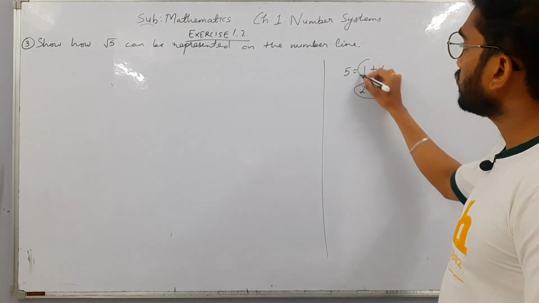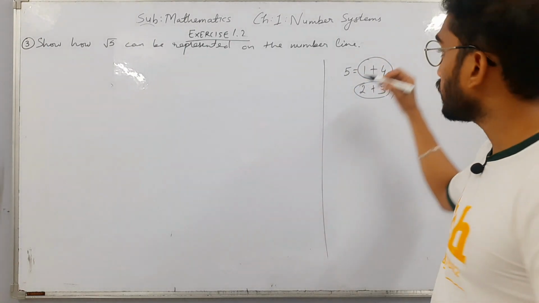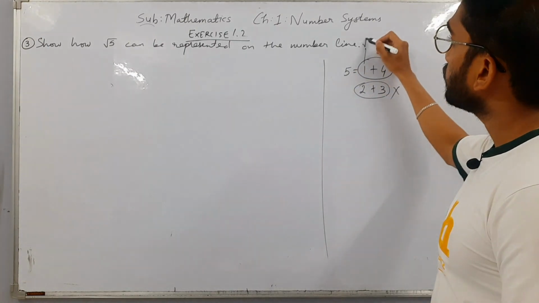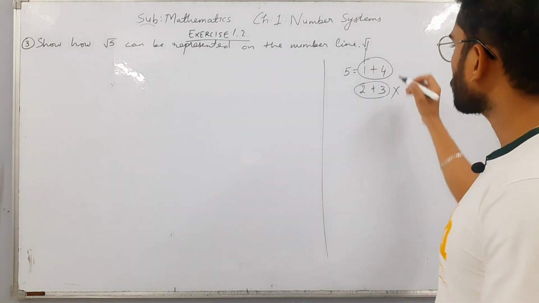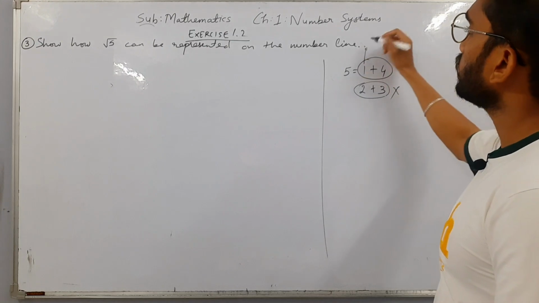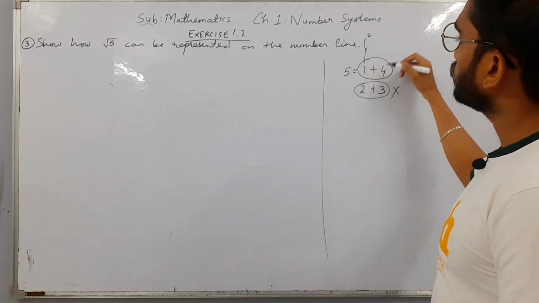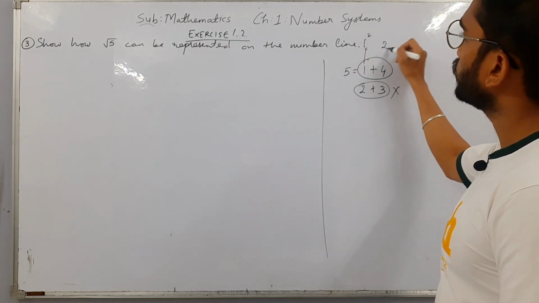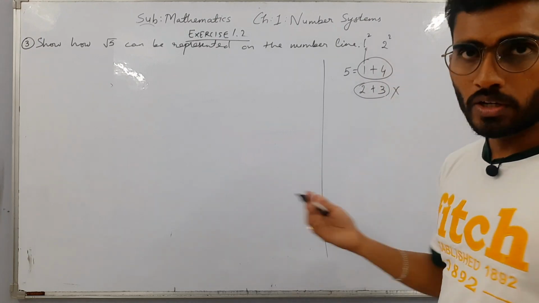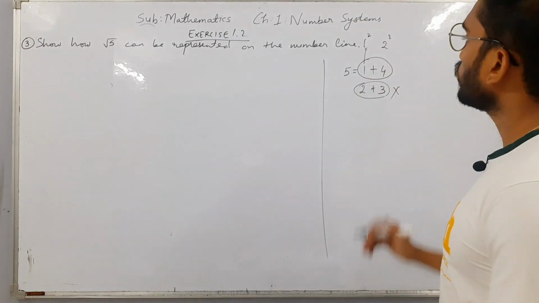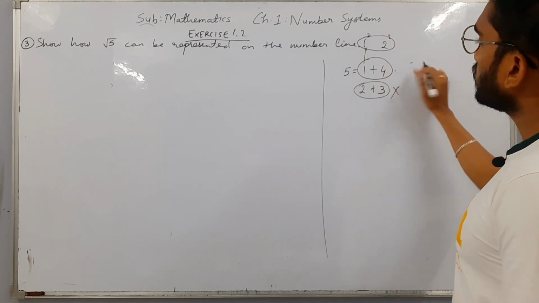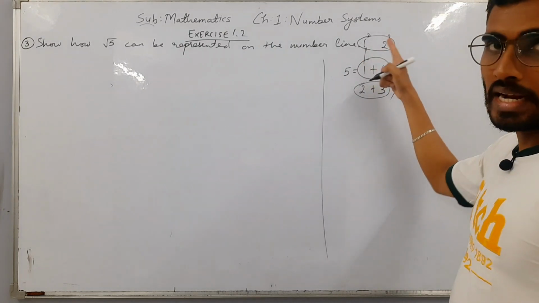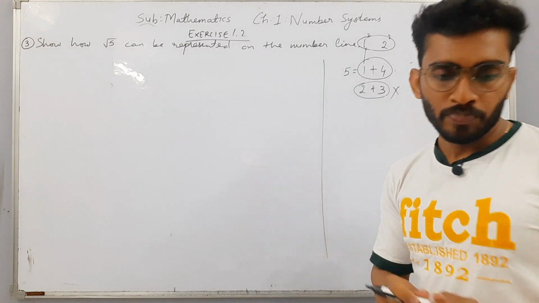But 1 and 4 are both perfect squares. 1 is the perfect square of 1, and 4 is the perfect square of 2. 2 square is equal to 4. So we will select this, that is, we will draw a triangle in which one side will be equal to 1 unit and the other will be equal to 2 units.